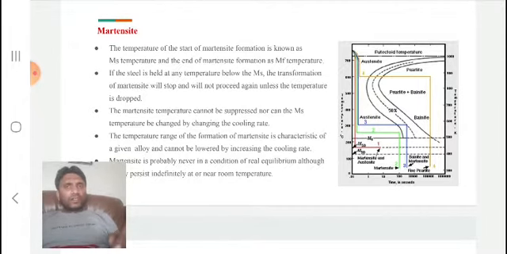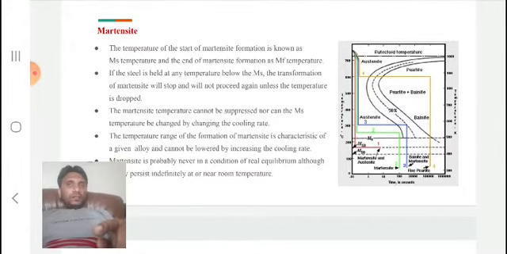So the first curve is where the transformation of austenite to martensite begins, and the last curve indicates the completion of the transformation.